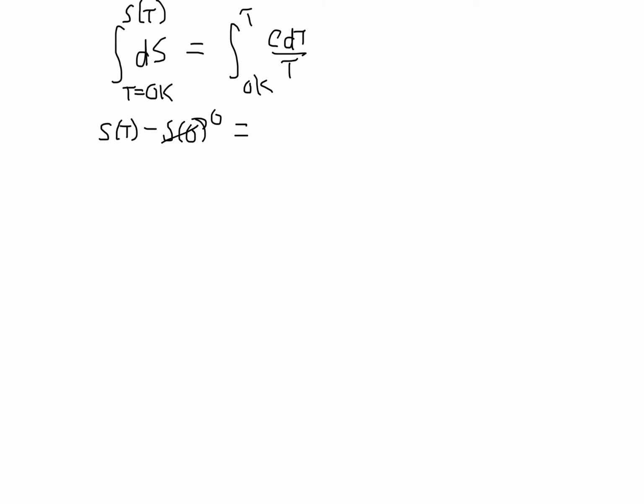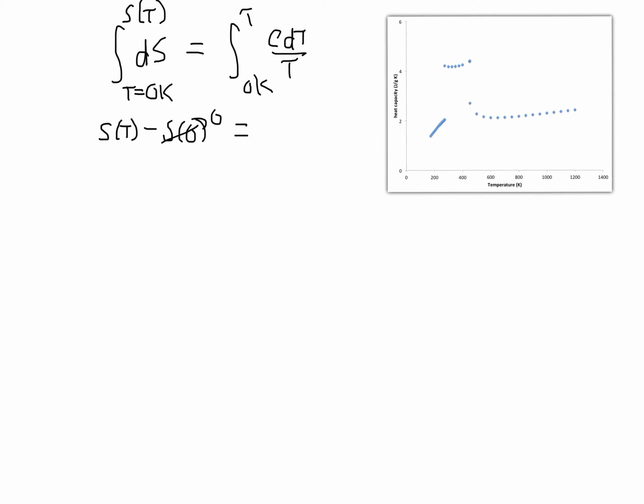However, I run into a little bit of a difficulty when I try to integrate the right-hand side of this equation. Notice that if the temperature goes to 0, this integrand approaches infinity. And that's a problem, because then my integral will not converge. We can get around this problem by remembering what the heat capacity looks like as a function of temperature.